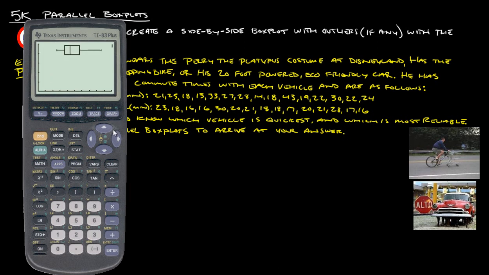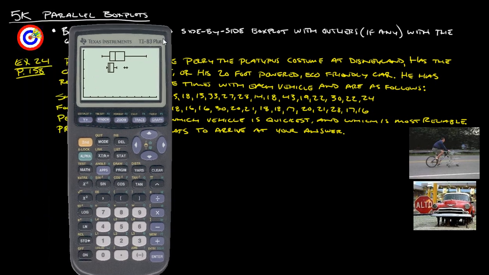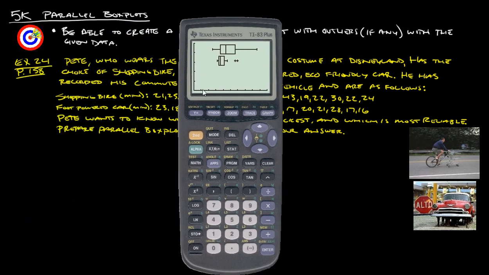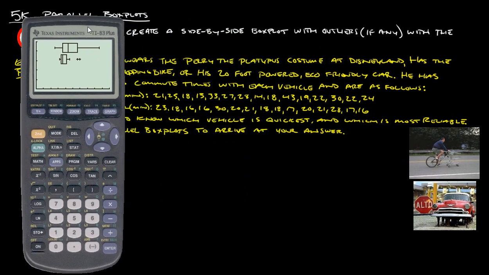So we hit graph, and here is our box plot for the first one, which is the shopping bike. And then here is the foot-powered car data. Notice that the foot-powered car has 2 pieces of data that are outliers, whereas the shopping bike doesn't have any outliers, which is a little curious, because it's got this 43, which is so far away from the 33.